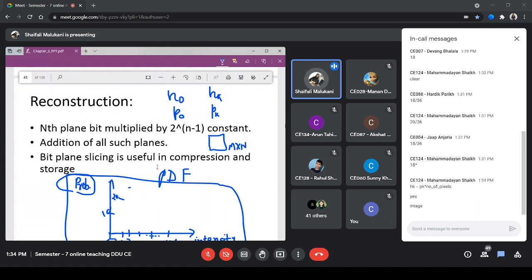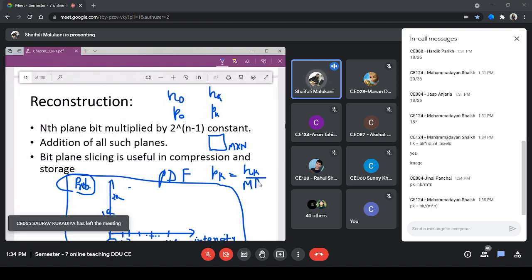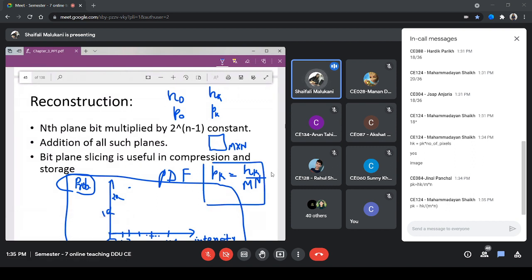Then I want pk as a function of hk. It will be pk equals hk divided by mn. This is the equation we might need somewhere.